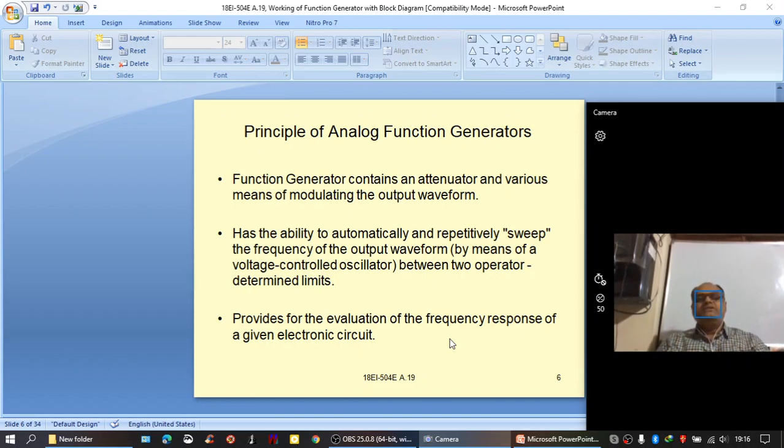So, the function generator plays the key role in testing the frequency response of a given electronic circuit. Suppose if we take an amplifier, over what range of frequencies it produces faithful amplification. Suppose if we take a filter circuit, over what range of frequencies it performs filtering action perfectly, like that.